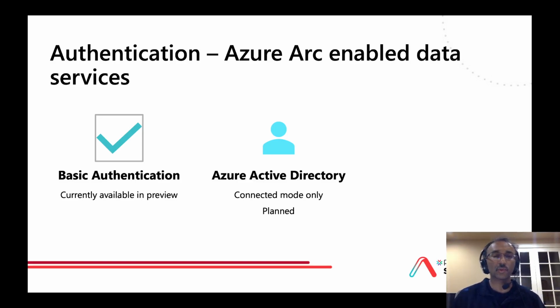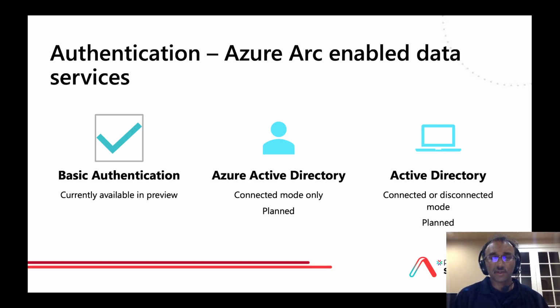And this will work in the connected mode only, because we need to reach Azure Active Directory to authenticate the principals. So this is something we planned. And the last one is Active Directory. This is something SQL Server supports today, and Postgres also supports. So this is the other one we're looking at: enabling Active Directory in the Kubernetes environment, which you can take advantage of.